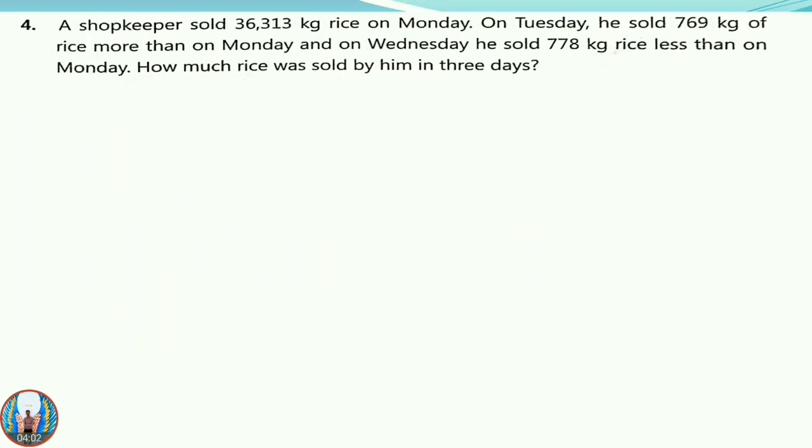Question number 4. A shopkeeper sold 36,313 kg of rice on Monday. On Tuesday he sold 769 kg of rice more than on Monday, and on Wednesday he sold 778 kg rice less than on Monday. How much rice was sold by him in 3 days? So first of all, on Monday 36,313 kg sold.